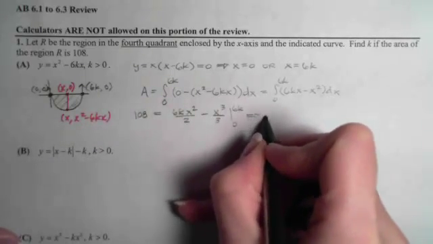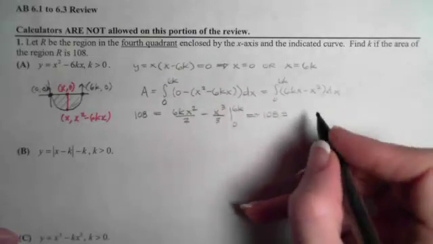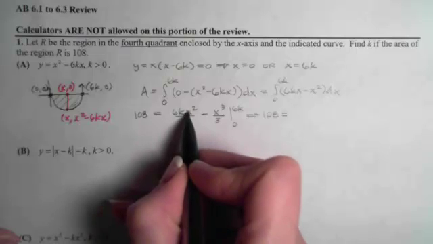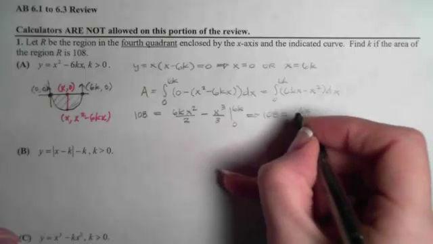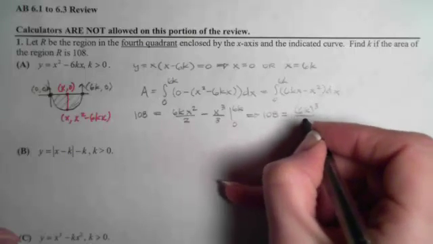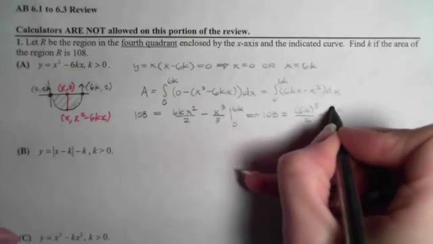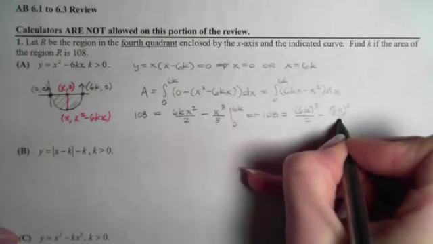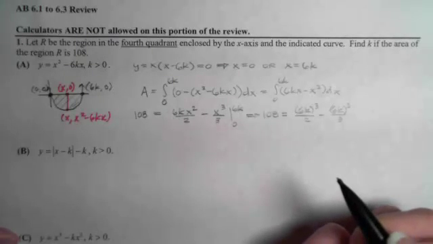So I'll get 108 equals, plugging 6k in first, 6k times 6k squared. So that's actually 6k cubed over 2 minus 6k cubed over 3. And then I'd subtract what comes out when I plug in 0, which is just 0.